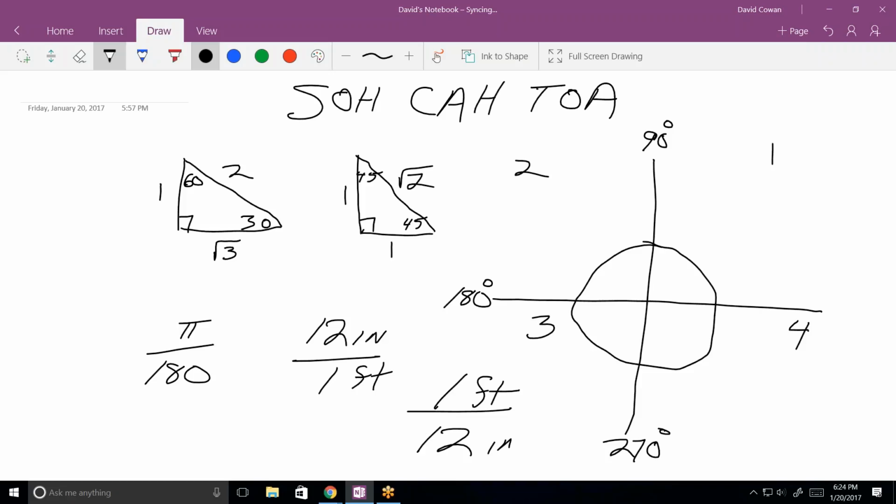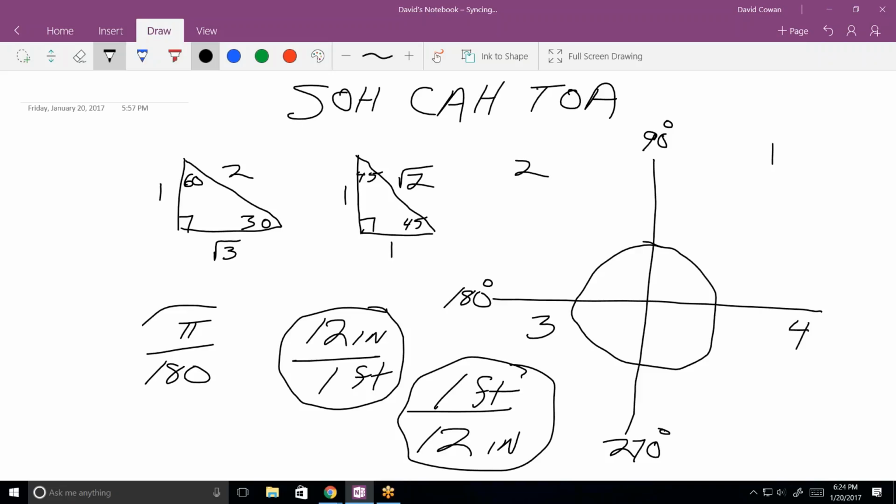That's just a ratio? Yeah. In other words, that's correct as a conversion factor. It just depends on whether I'm starting with inches or feet. This is correct if I'm starting with feet. Well, this is correct if I'm starting with degrees. But this is correct if I'm starting with radians.